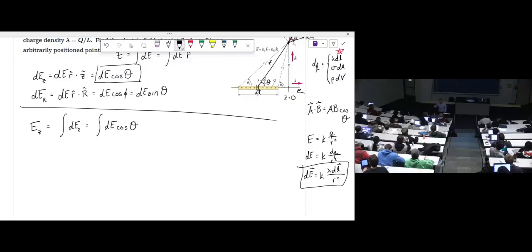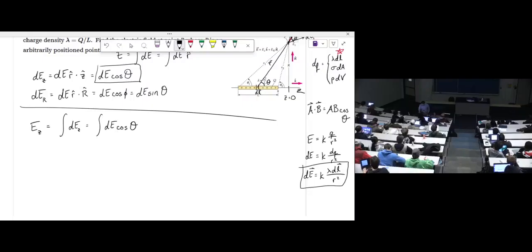So, what direction is my charge changing as I integrate from this left end to the right end? In what direction is the charge changing? It's changing along the z-axis only, right?